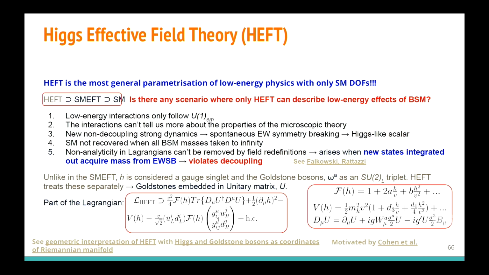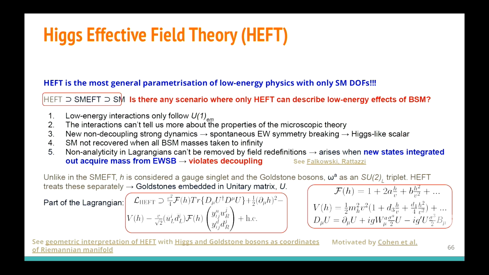So in the standard model mechanism, the Goldstone bosons arise from the electroweak symmetry breaking. But here we have completely decoupled the Higgs sector from the Goldstone sector, and the HEFT actually treats these separately, and we can write the Goldstones to be embedded in this unitary matrix U.